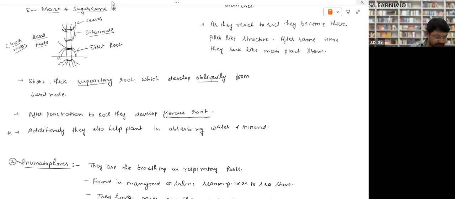They are found in sugarcane and maize. Right, so these were stilt roots.